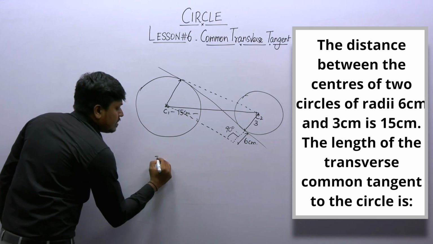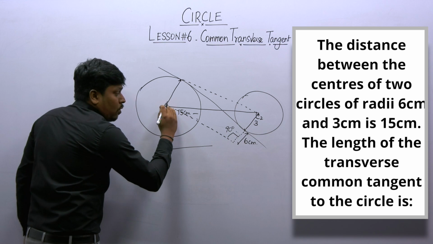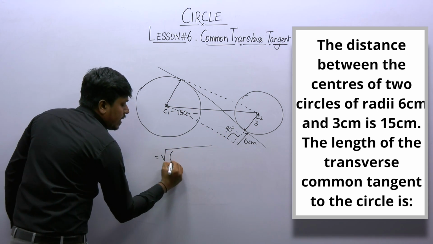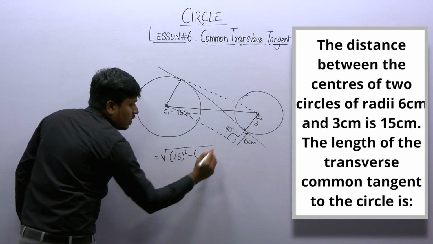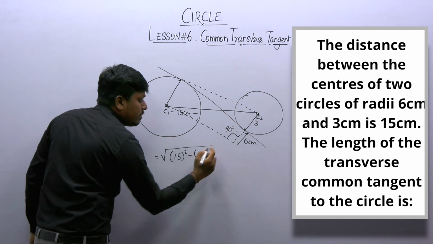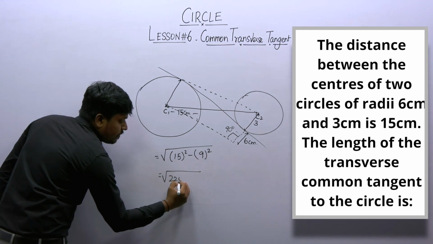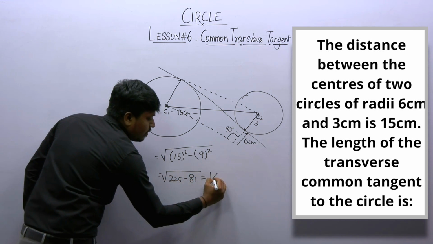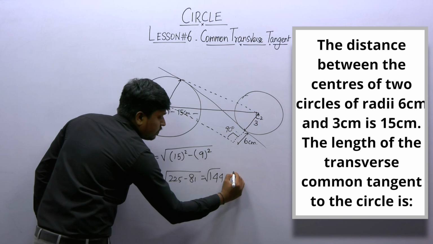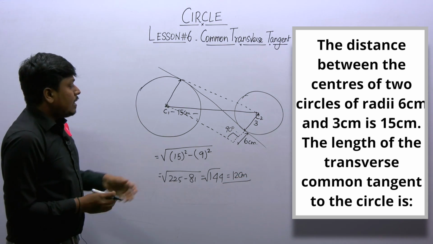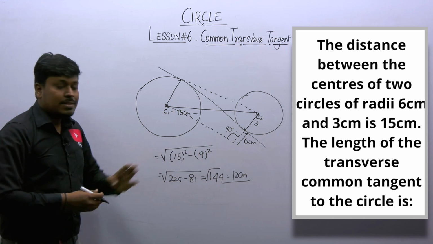So the tangent is equal to the root of the hypotenuse square minus the square of this line length, which is 9 centimeter. So 15 square is 225, minus 81 is 144. The root of 144 is 12 centimeter.